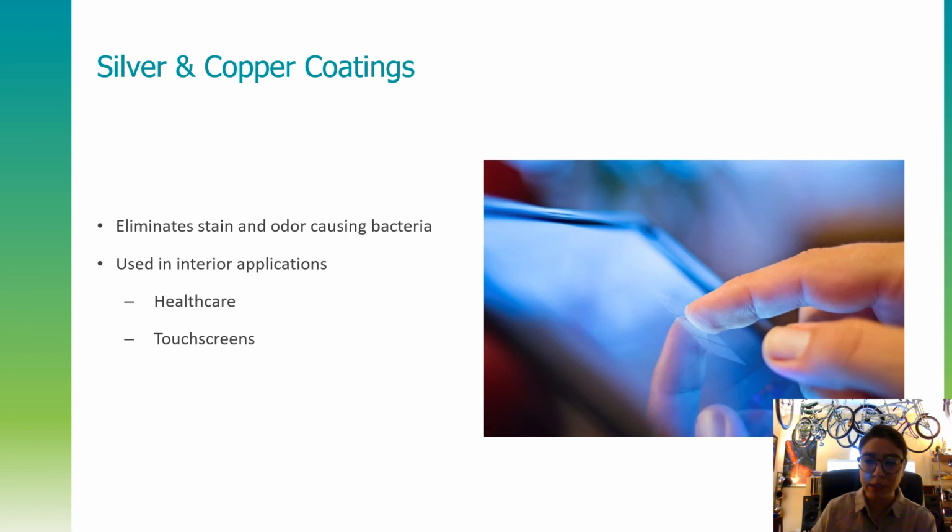You see these used more not in large scale applications like entire facades, but more as interior applications. You see them a lot in healthcare. You'll see them on touch screens where you know that there's a lot of people coming in contact with them. But they tend to be in somewhat smaller designs.